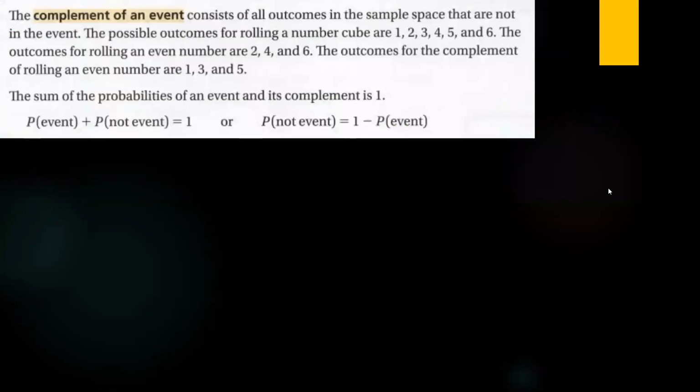Now, let's talk about the complement of an event. The complement of an event consists of all the outcomes in the sample space that are not in the event. As an example, let's go back to the example of yesterday.